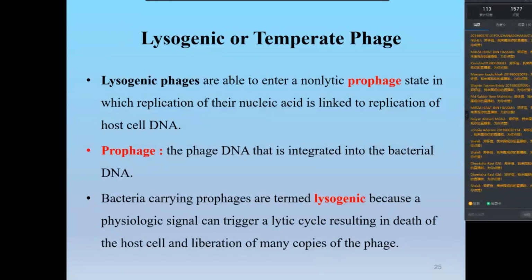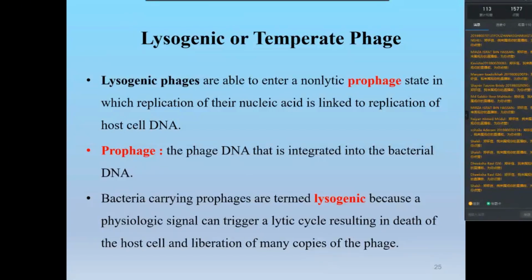Okay, another type of phage we call the lysogenic phage or temperate phage. As you saw in the video, this lysogenic phage is able to enter a non-lytic prophage state. This prophage means that the phage DNA is integrated into the bacterial DNA.